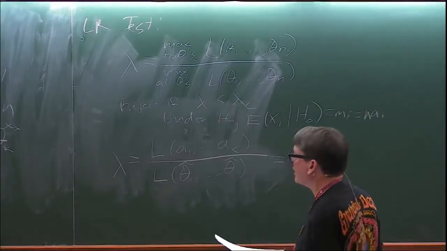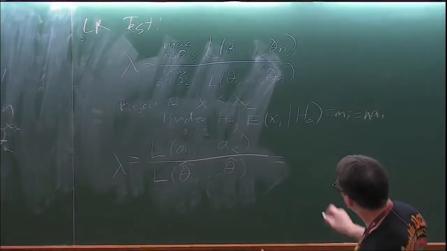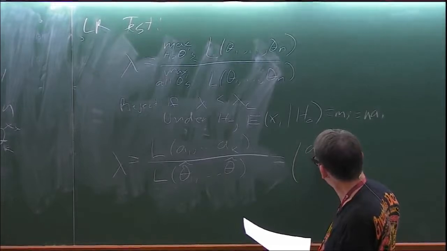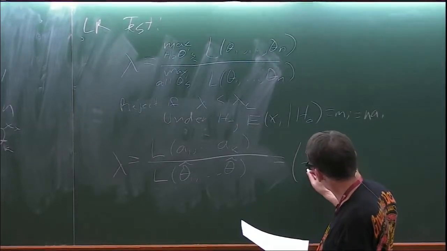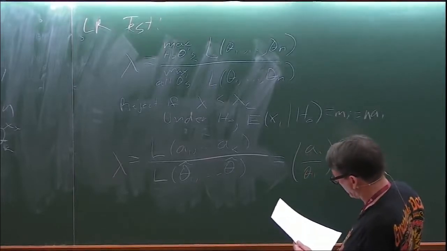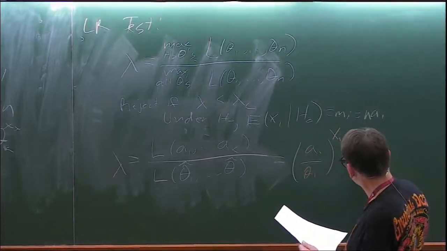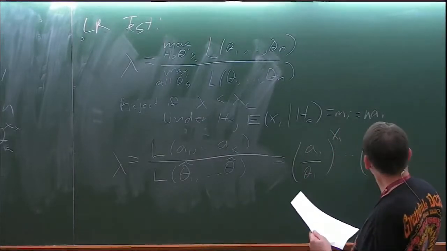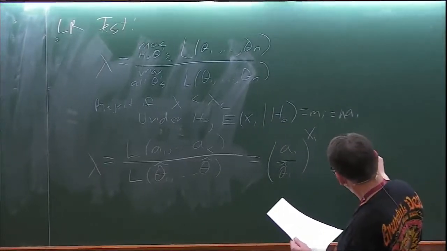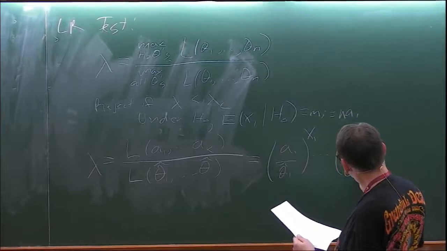And because we have all of this in explicit form, we can actually write that as a product: a1 over theta hat 1 to the x1, the number of times we observed x1, all the way to ak over theta hat k to the xk.